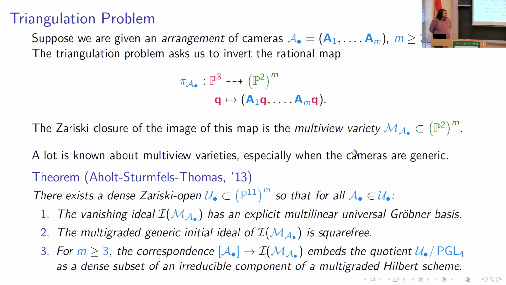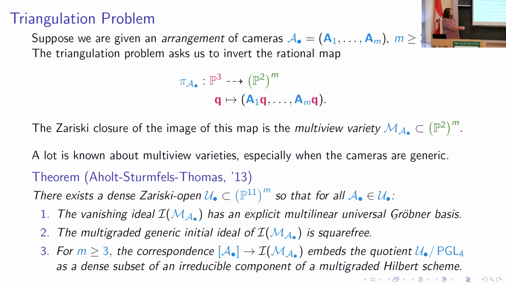And well, I said there's a lot that's known, so here's a big summary of some work by Aholt, Sturmfels, and Thomas. So one can look at a Zariski open subset of the camera space. Certainly within this Zariski open subset, I'm only going to look at 3x4 matrices of rank 3, but there will be some other genericity conditions as well, so that the following 3 conditions hold for any camera arrangement in that open set.